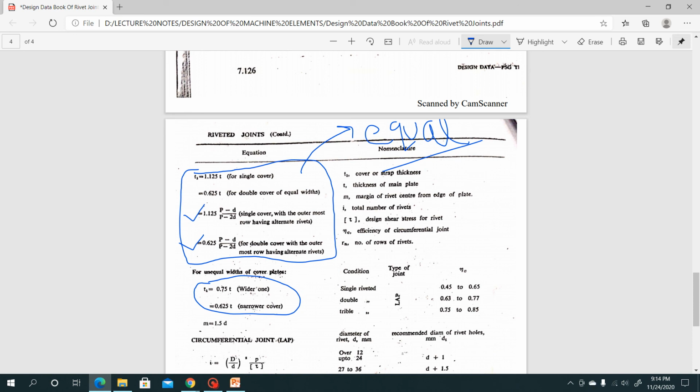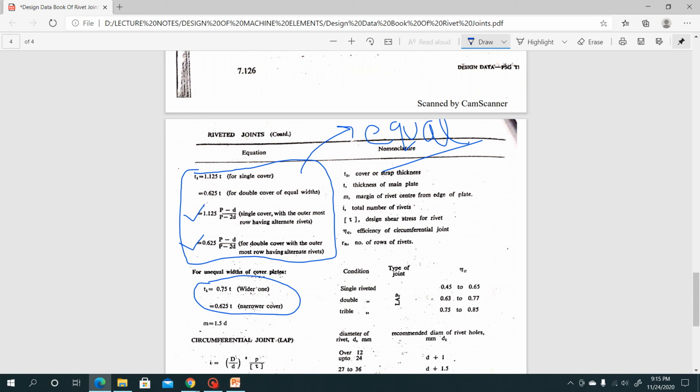Again, you have to read the question very carefully. Which type of strap or cover plate is being used in the problem which you are going to design? According to that strap, you have to select the thickness value of the butt strap. If nothing is given in the problem, always go for equal width strap values.